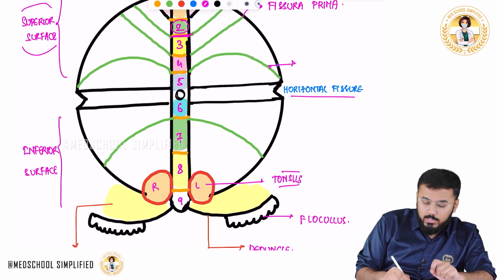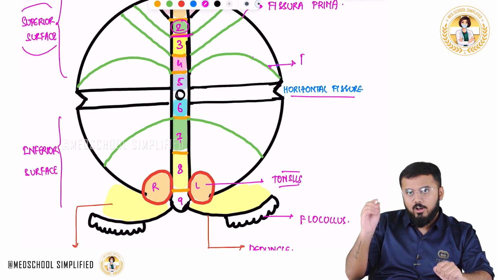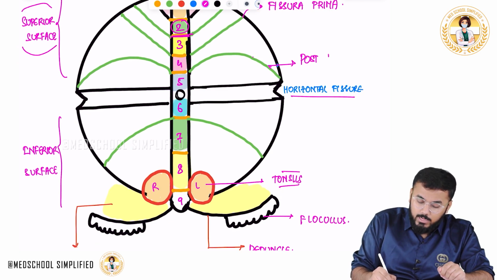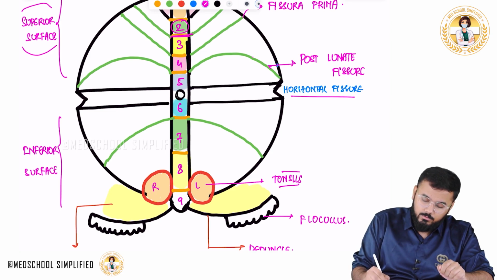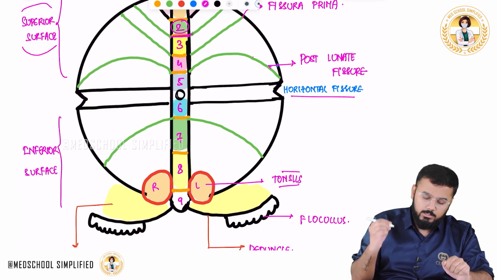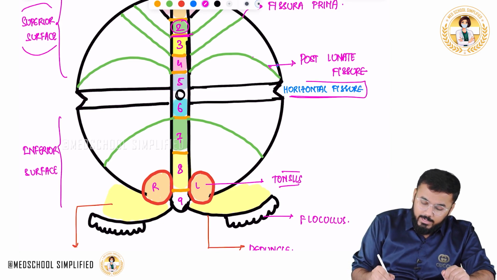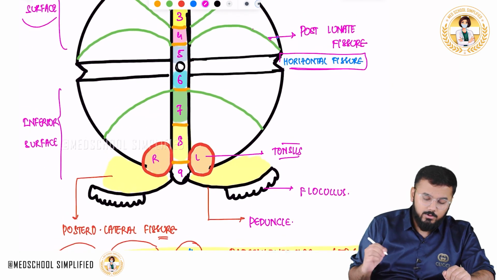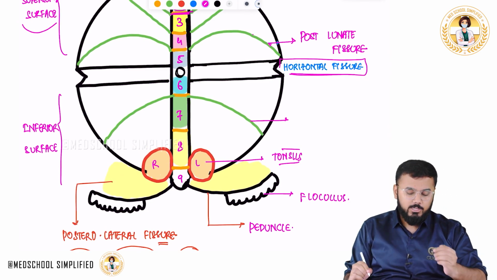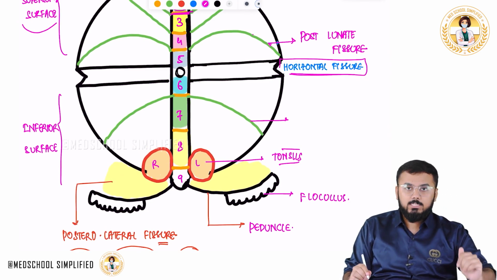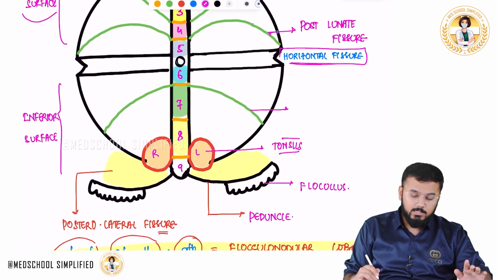This fissure is lunate shaped, a half moon shape. That is why you call it the post lunate fissure, and the next fissure you call the horizontal fissure.